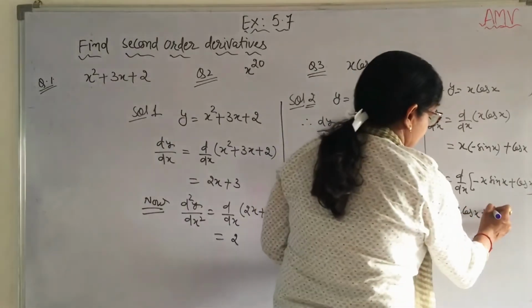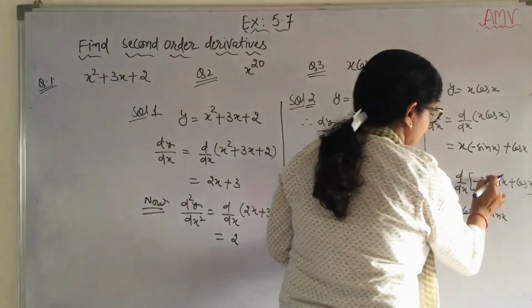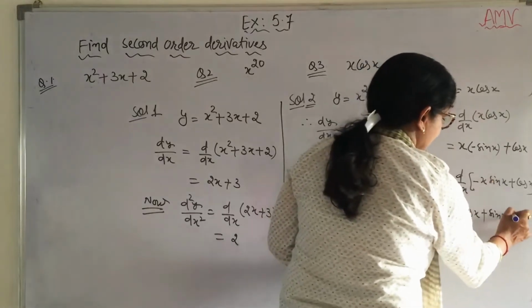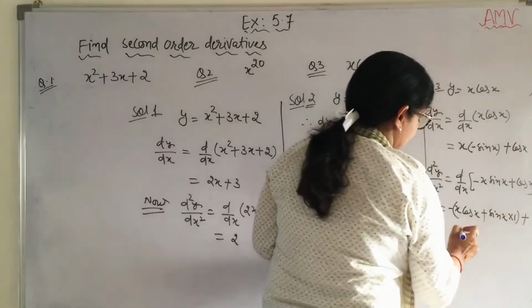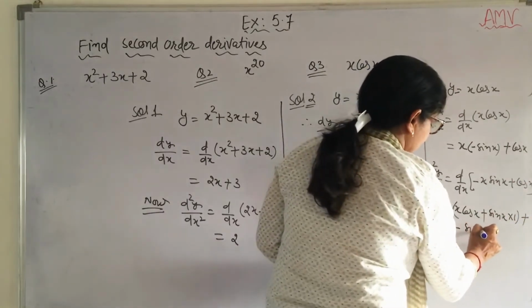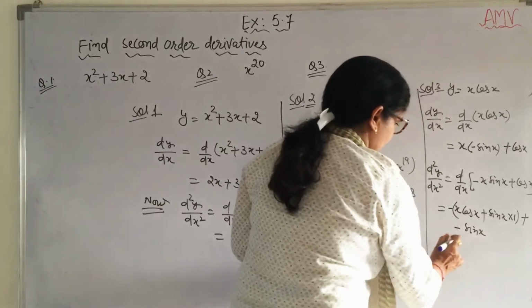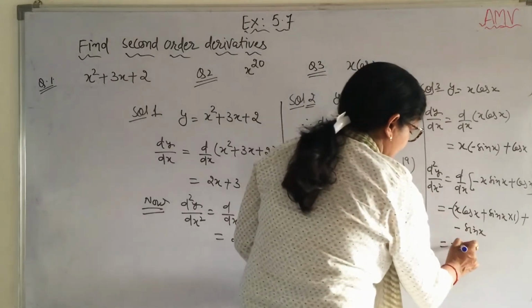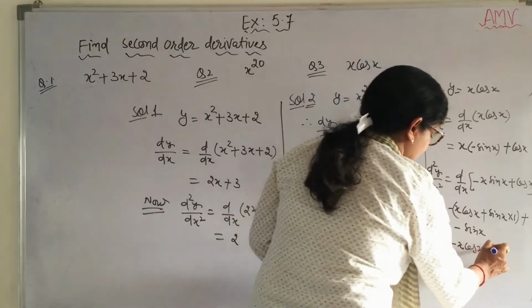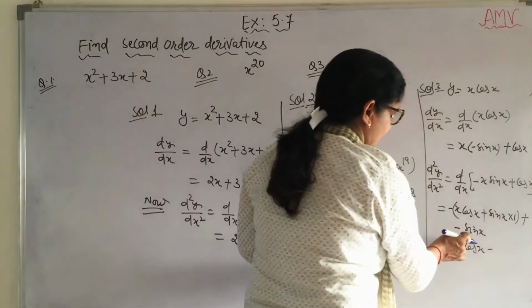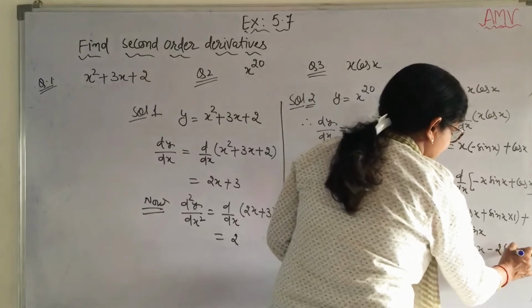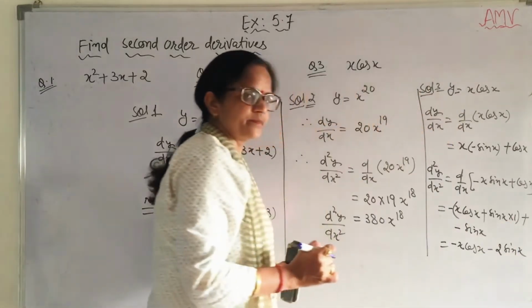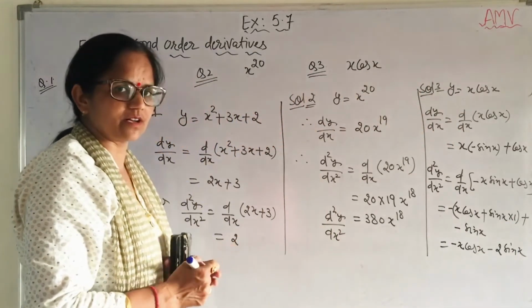Then plus sin x as it is, derivative of x is 1. Plus now the derivative of cos x is minus sin x. So you will get minus x cos x minus sin x, and here also minus sin x. So minus 2 sin x. It is the second order derivative.